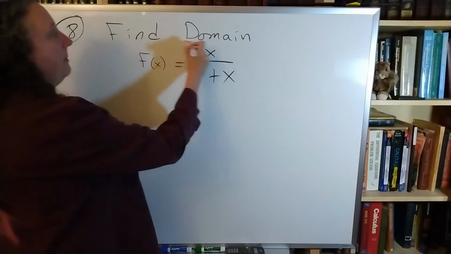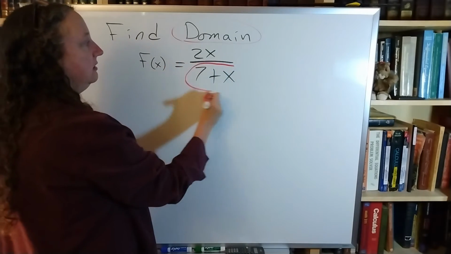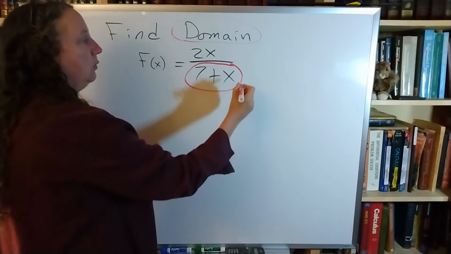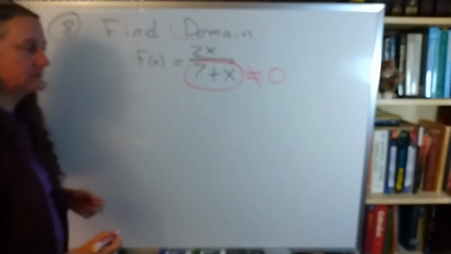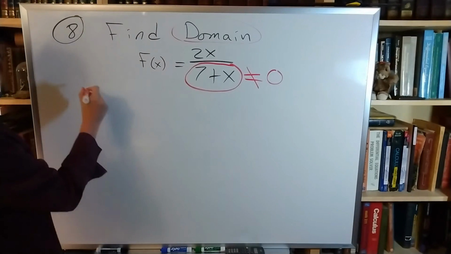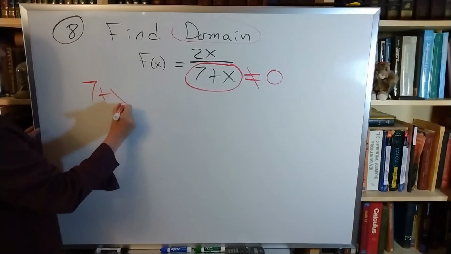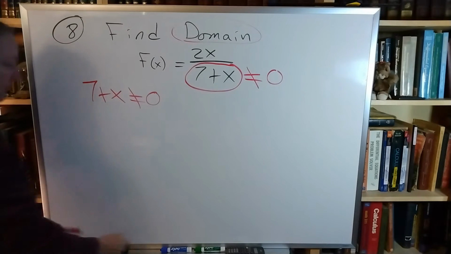We're looking for the domain. So for the domain, we want to look at the denominator, and we want to say that that cannot equal 0. So if I'm looking at 7 plus x cannot equal 0, I need to solve this for x.